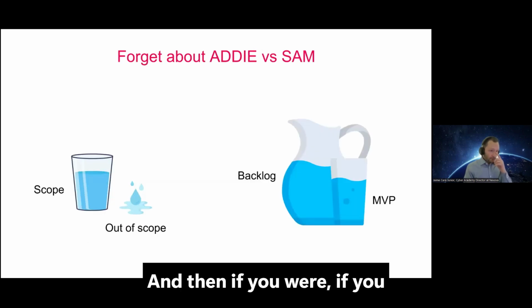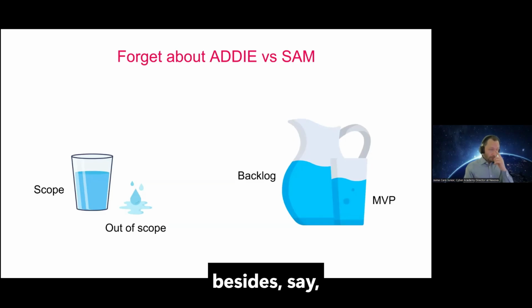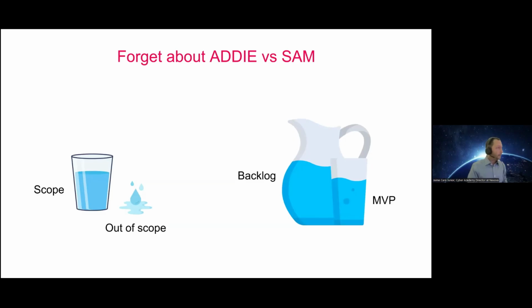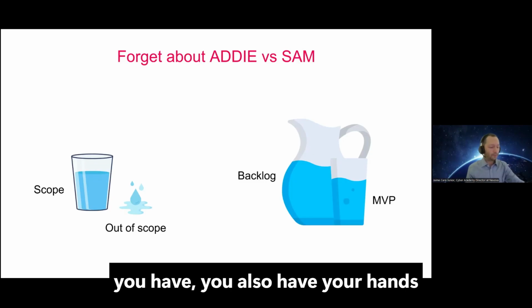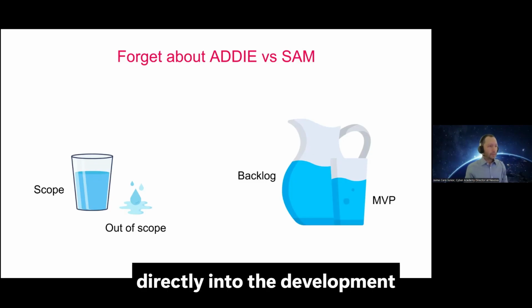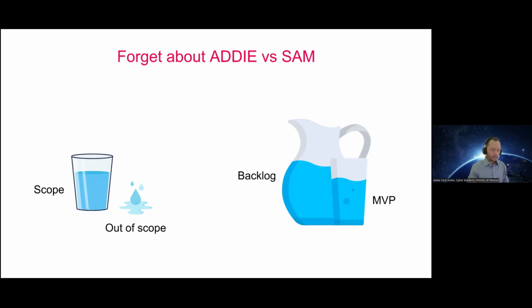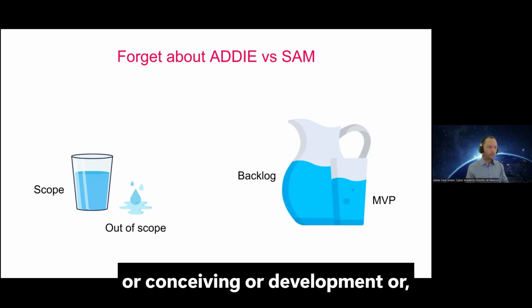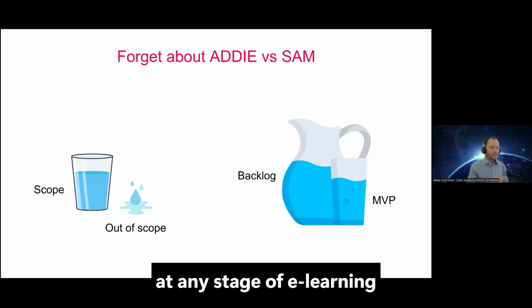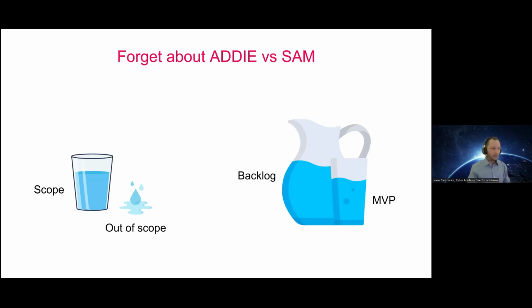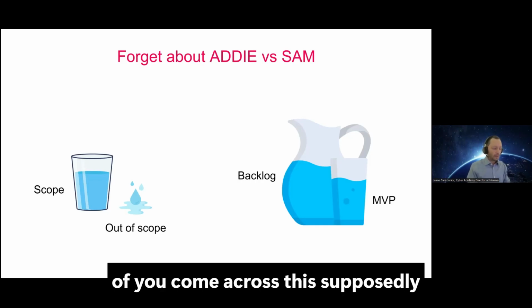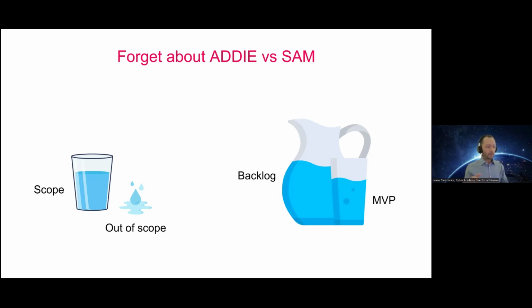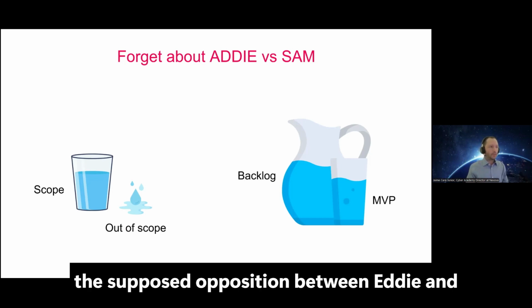And then besides managing or directing or whatever role you have, if you also have your hands directly into the development or conceiving, or at any stage of e-learning projects, I would be willing to bet that most of you come across this supposed opposition between ADDIE and SAM.